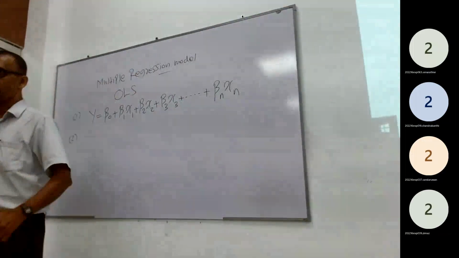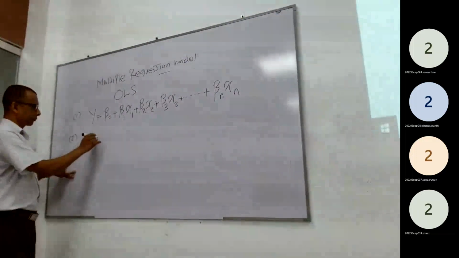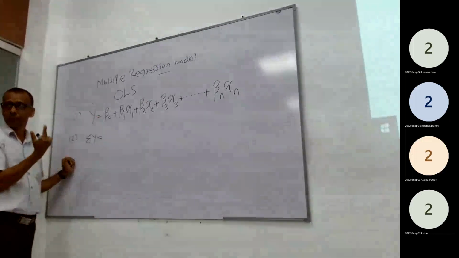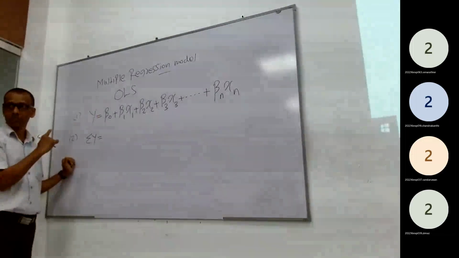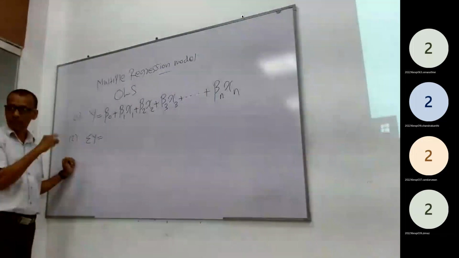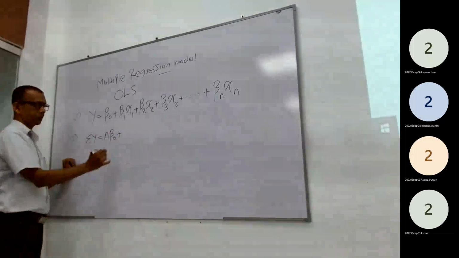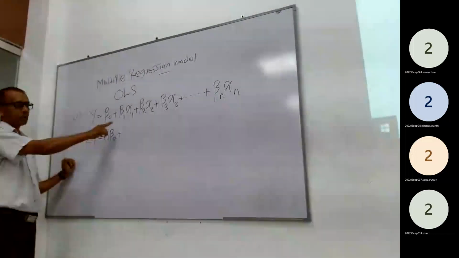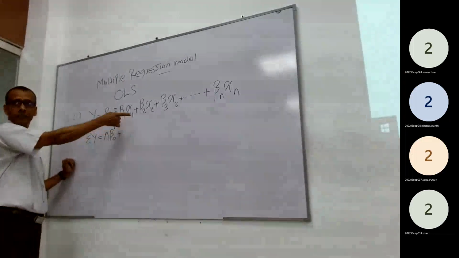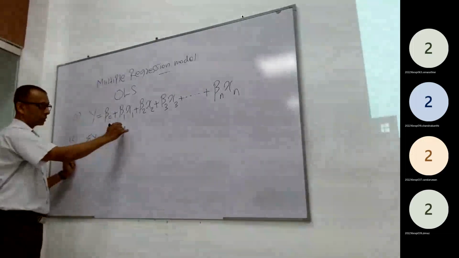Sigma y. Beta 0, no variable, constant. Instead of sigma, n beta 0. Beta 1 with variable. This is the coefficient, the coefficient is taken out.